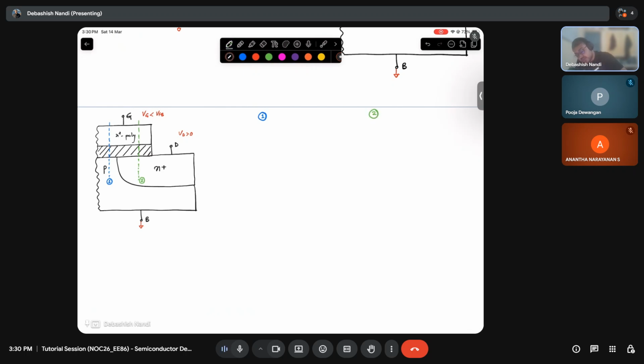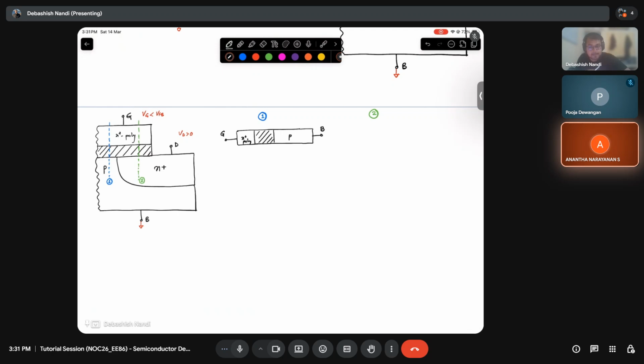In case 1, what is the device structure I see? I see oxide, I see p-type semiconductor, I see N plus poly, and this terminal is my body, this terminal is my gate. We are talking about the left side of 1.